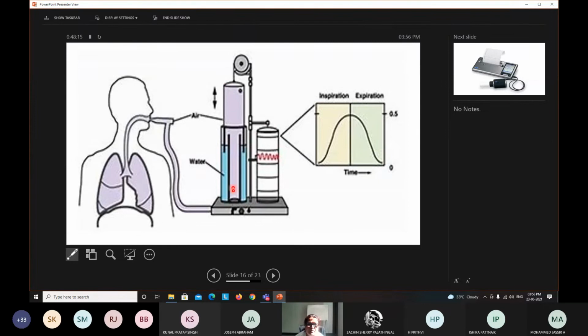This component is the same as what you saw in the vitallography simple spirometer, but it has another component, another cylinder which moves with the help of a motor, and it is an electrically run instrument.